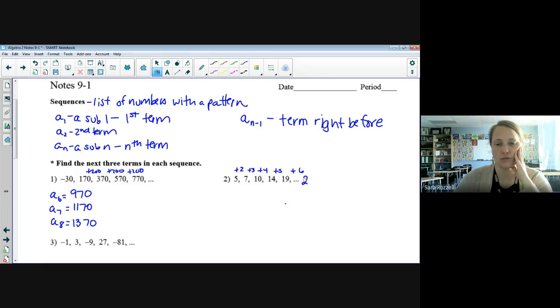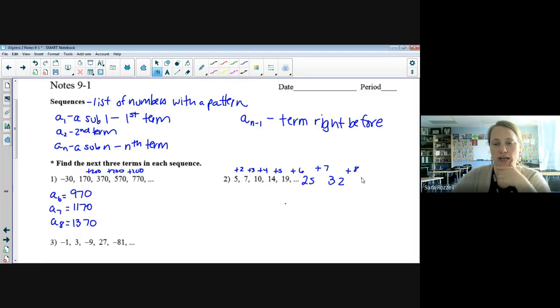So that's going to be 25. Then we're going to add 7. So that'll be 32. Then we'll add, how many comes next? What are we going to add next? 8.